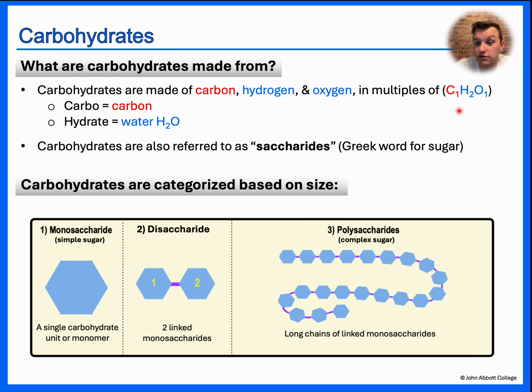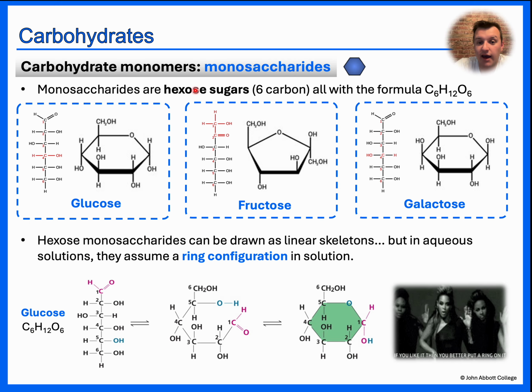So it could be C2H4O2, right? Or C6H12O6. Well, I'm telling you that all monosaccharides, all the simpler units of sugar, are hexagons, right? So this must mean that it's C6H12O6, right? It's 6 carbons because it makes up each of the little corners of this, right?